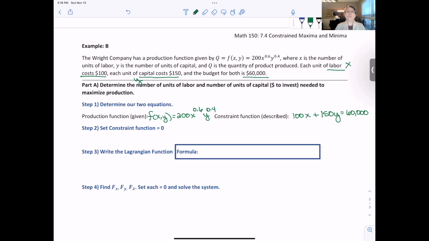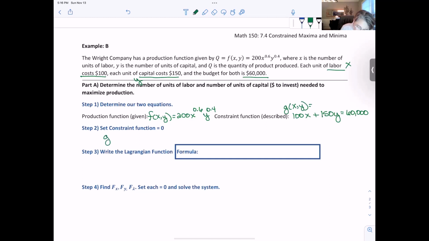Now, there are a few different ways to do this. I often use a different set of functions for this. It's the same thing, but I want to stay consistent with your book. What they do is they set the constraint function equal to 0. So that constraint function, we'll call this guy G, G of xy for your constraint.